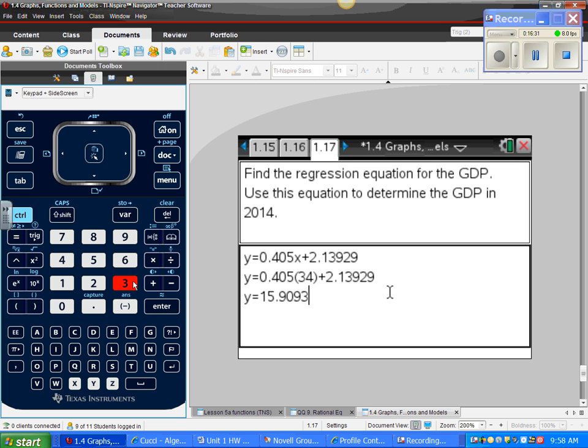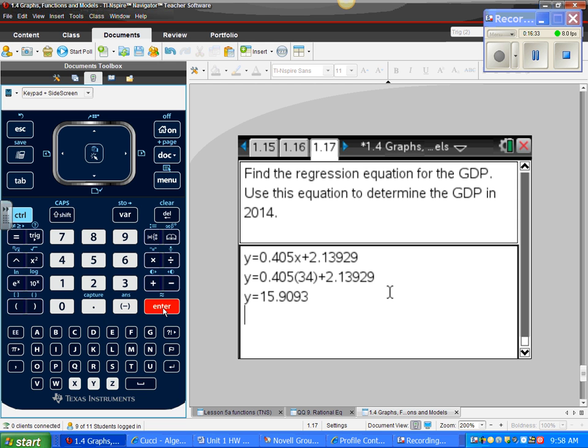And remember that the money is in trillions. So we found that linear regression, and then we utilized it to find the amount of money 34 years after 1980.